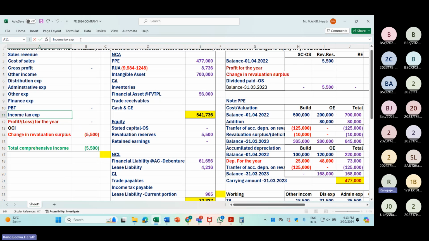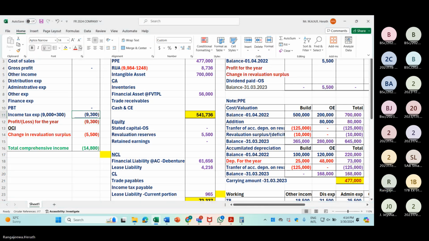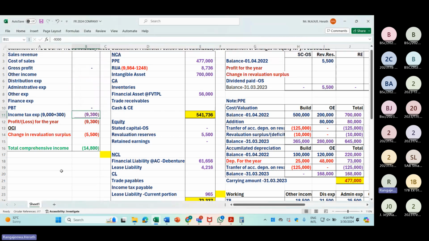Because we have recognized 2,500 but the actual payment was 2,800, so 300 less. So tax expense is 9,300.